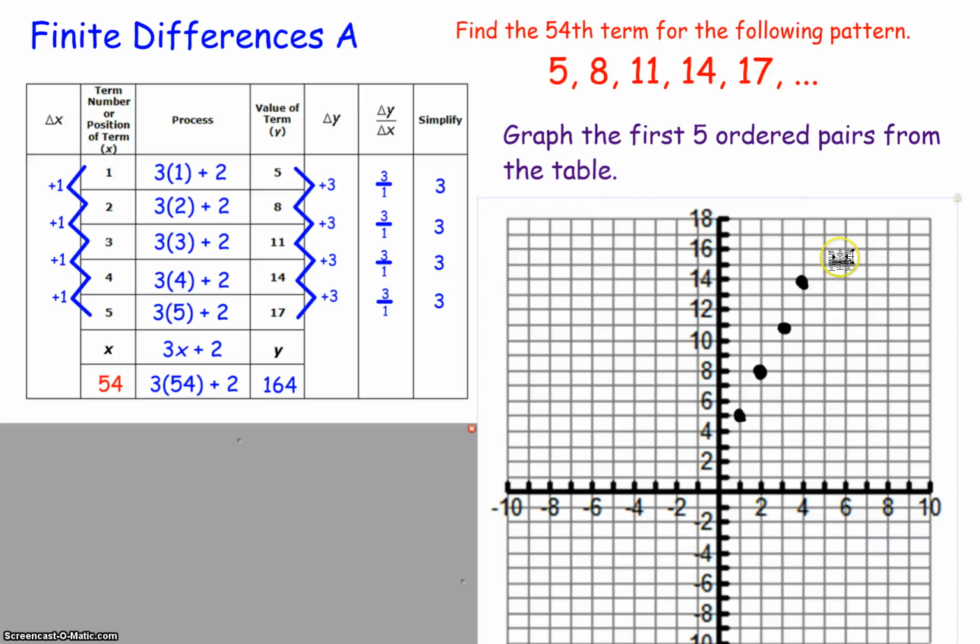And 5 was 17. Is it going to start at 0, 0, or does it start at 0, 2? 0, 2. So what kind of relationship is this? It's an additive relationship.